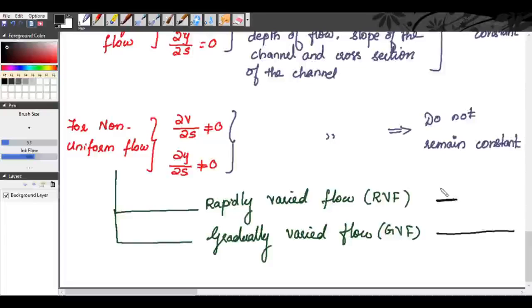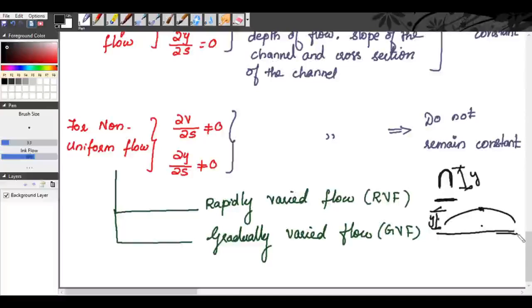See, you may have the same variation. So this distance can be taken as y. The variation of this distance is y. So here you see the variation is y. The depth is the same, but the length is smaller in the case of rapidly varied flow.